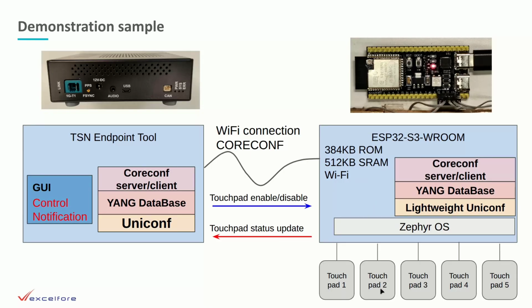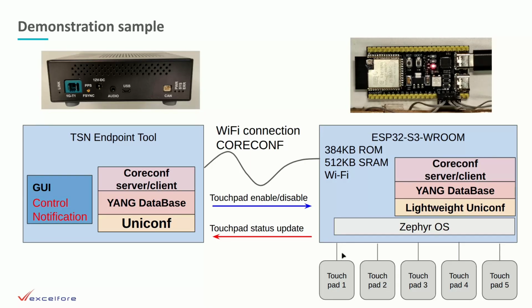Then, when a touchpad is actually touched, that change is detected by ZephyrOS. Then it checks the YANG database of the touched item, if it is enabled. If it is disabled, it is ignored.